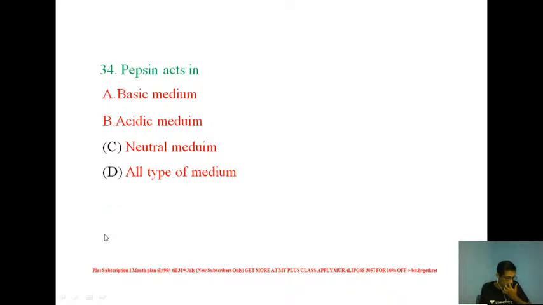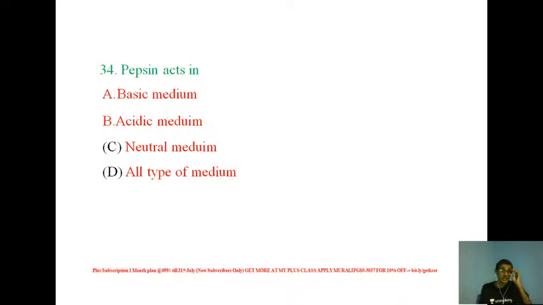Some of the students gave B, some gave A, but pepsin will act in acidic medium. It is produced as pepsinogen and later converted into active pepsin. So it is one and only acidic medium.